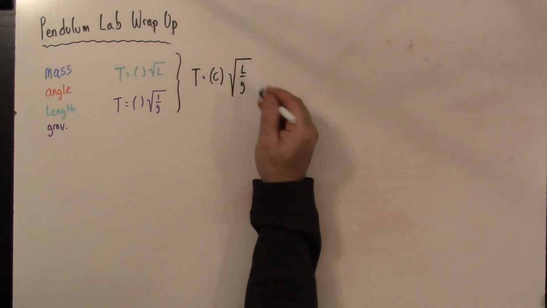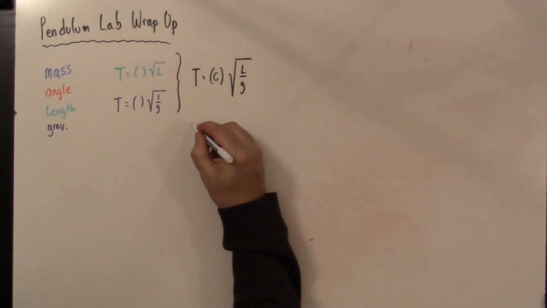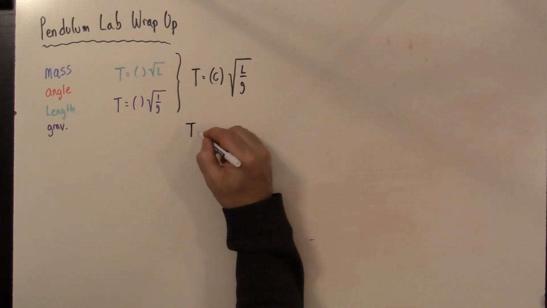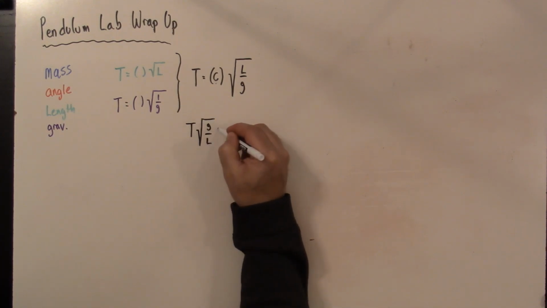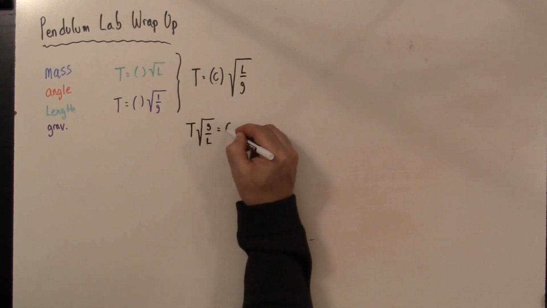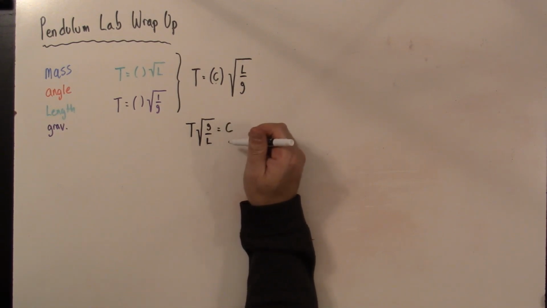I can multiply by the reciprocal on both sides, and so I end up with T times the square root of G over L is equal to C. Does that make some sense?